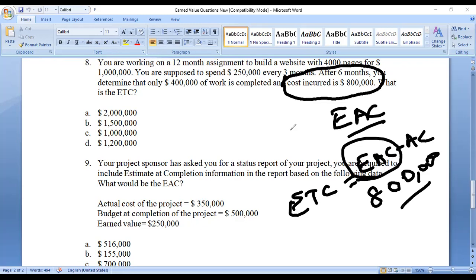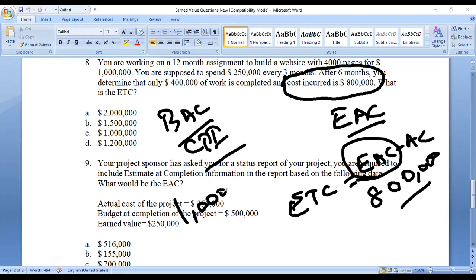Try to apply the formula BAC divided by CPI. So what is our BAC? It's 1 million, right? So what is our CPI?